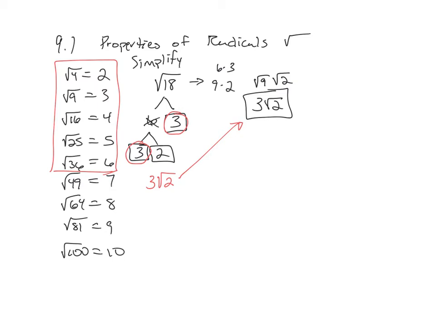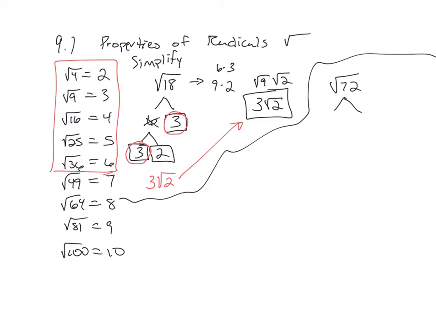So for instance, if I had square root of 72. What times what is 72? Some of you might be able to do that. Some of you, that's going to be more of a challenge. So I'm fine with just starting to break it apart.